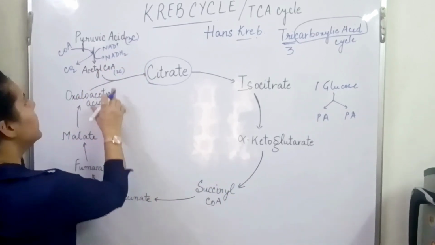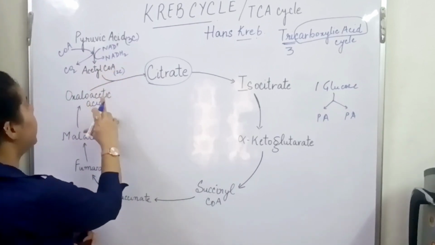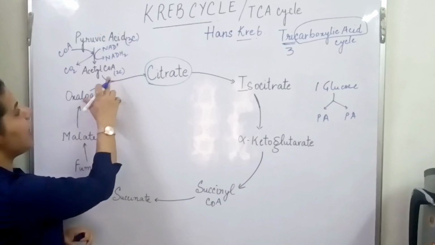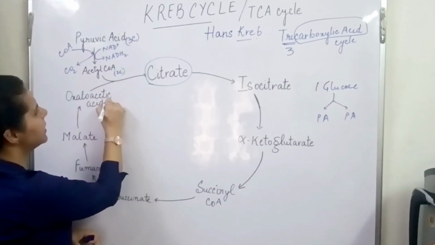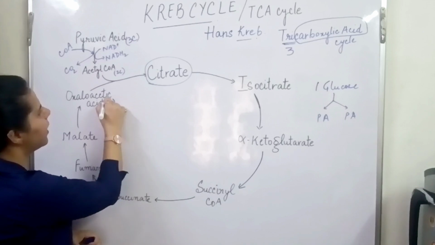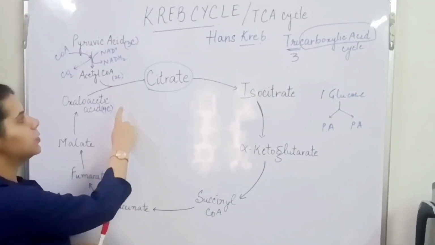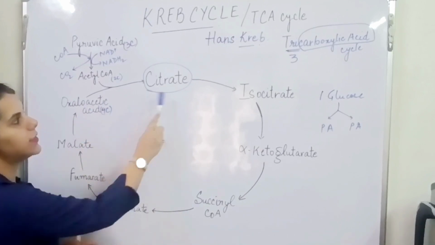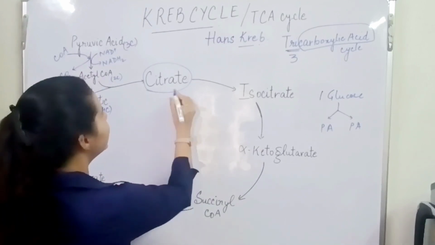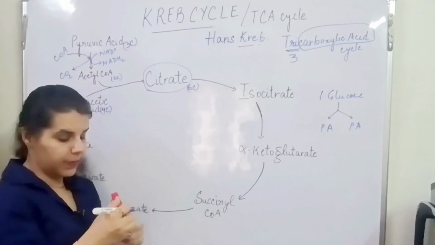Now acetyl coenzyme A is a 2-carbon molecule and it adds up to oxaloacetic acid. This oxaloacetic acid is a 4-carbon molecule, right? Now when this acetyl coenzyme A adds up to oxaloacetic acid, it gives us citrate. Now citrate is again a 6-carbon compound.